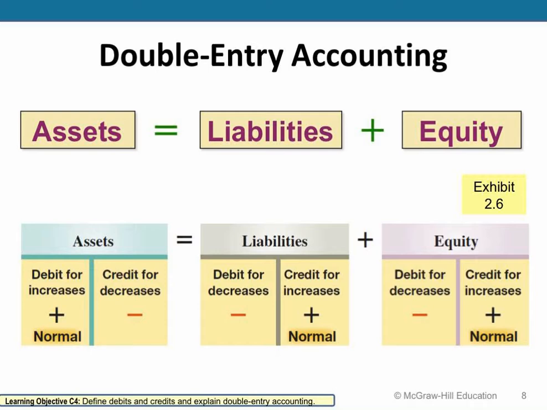So the more you use that card, and the bigger the number is, the more you're going to owe. So if you go out and create a bigger liability, that number is going to increase, and the credits are going to increase that account. And as you pay that amount off, you would be debiting that account or decreasing that account.